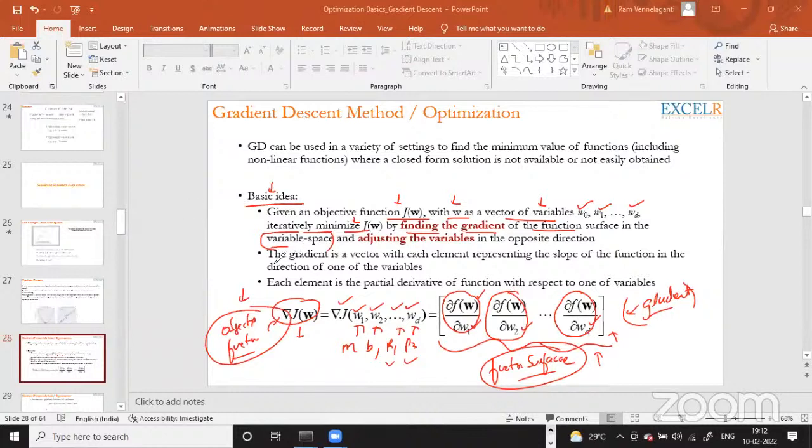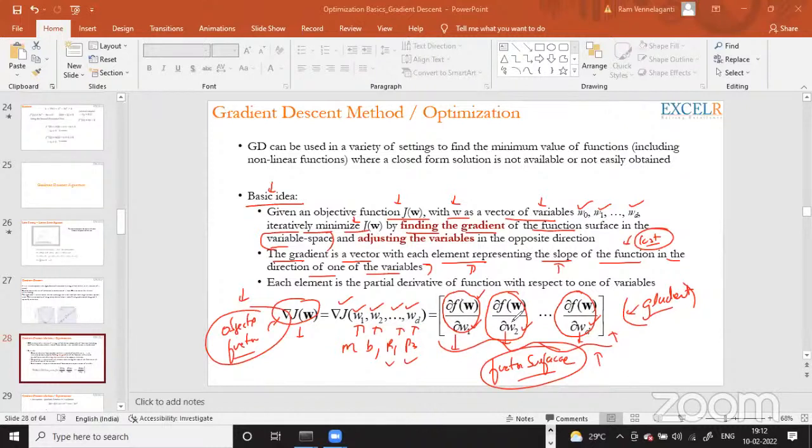This gradient is nothing but a vector with each element representing the slope of your function. Each element is going to represent the slope of your cost function or objective function in the direction of one of your variables: in the direction of your variable slope, in the direction of your variable intercept, in the direction of your coefficients.